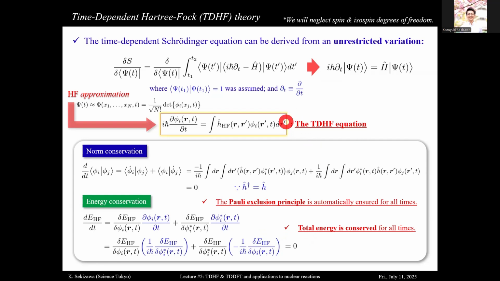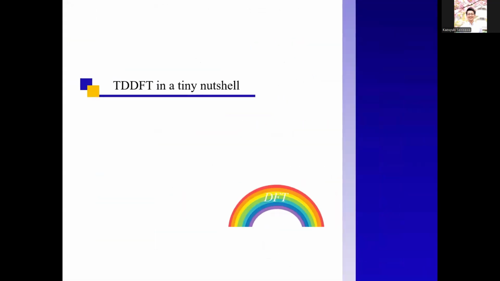So by just solving this TDHF equation self-consistently, the complicated nuclear dynamics can be described, ensuring this fermionic character easily. Okay, so this is what TDHF, time-dependent Hartree-Fock theory, is.